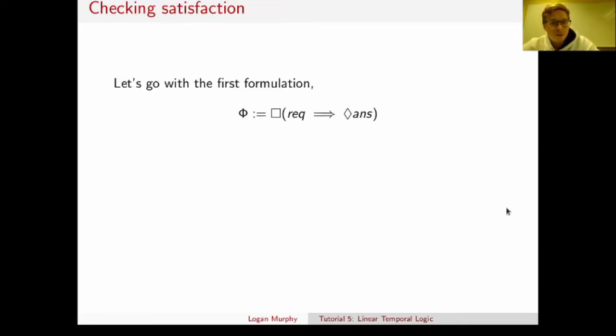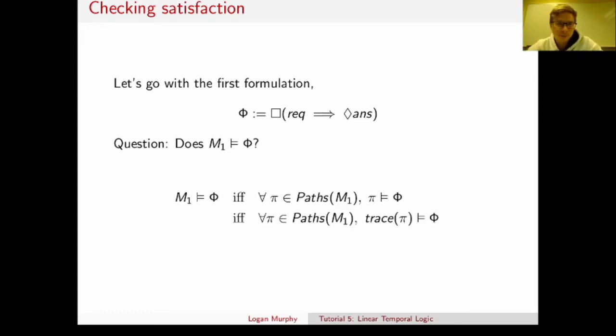Okay, so let's go with the first formulation. We'll define a formula phi as always, and then in brackets, rec implies eventually ands. So the natural question we ask, and this is the fundamental question of model checking, is does M1 satisfy phi? Well, we know by definition M1 satisfies phi if and only if for every path pi in all the paths of M1, that pi satisfies phi, right?